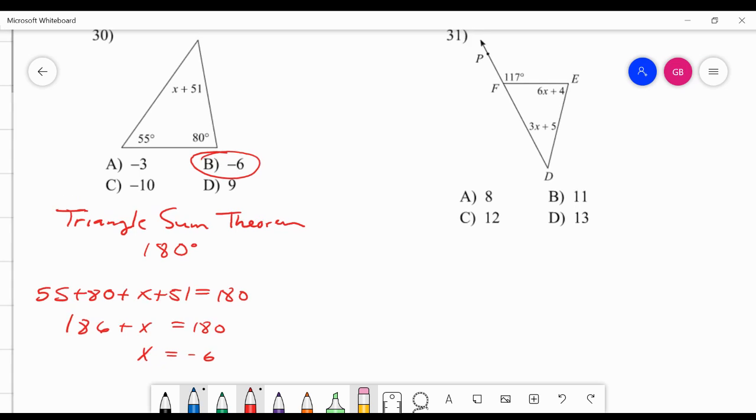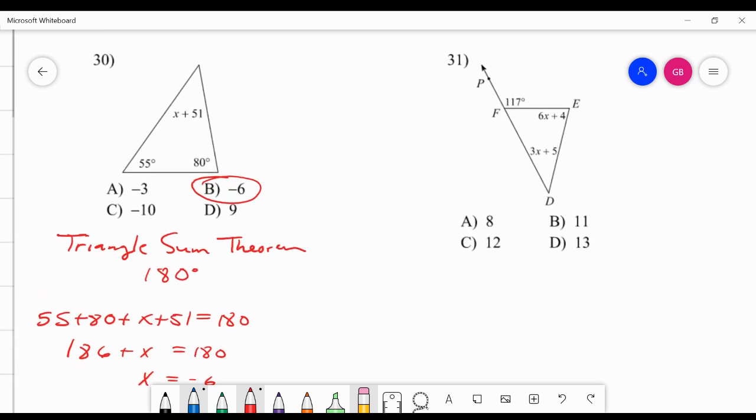Okay. For 31, I could see that this angle here is supplementary with the 117-degree angle. So this one has to be 63 degrees, all right? Because it makes a straight line. 117 plus 63 is 180. So again, we could use the triangle sum theorem to solve for x.